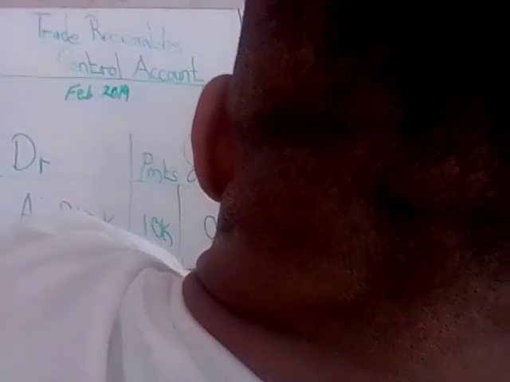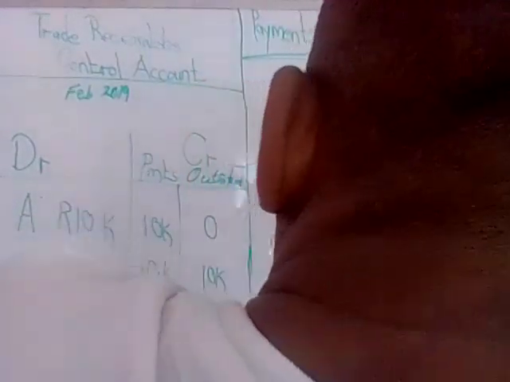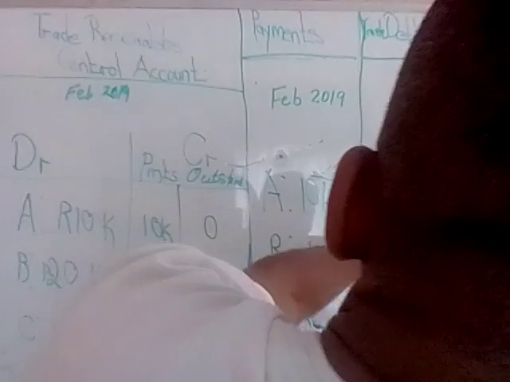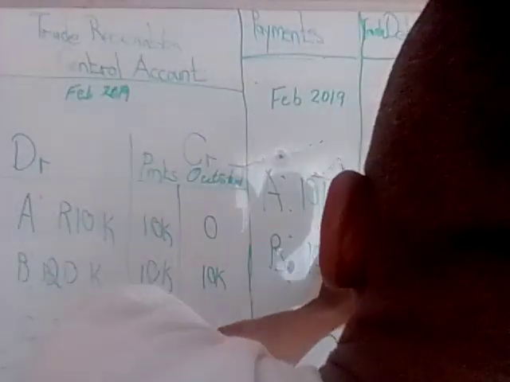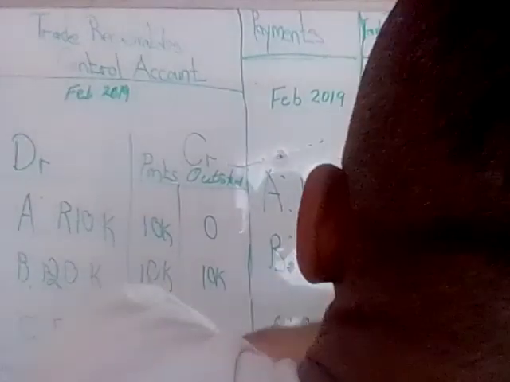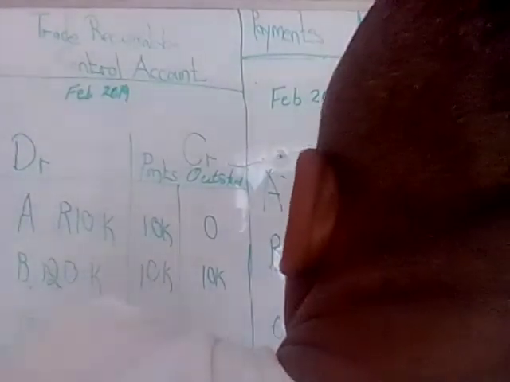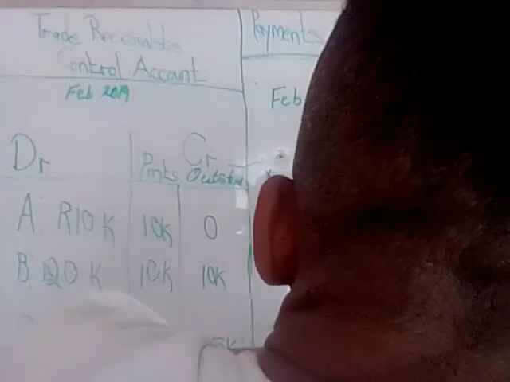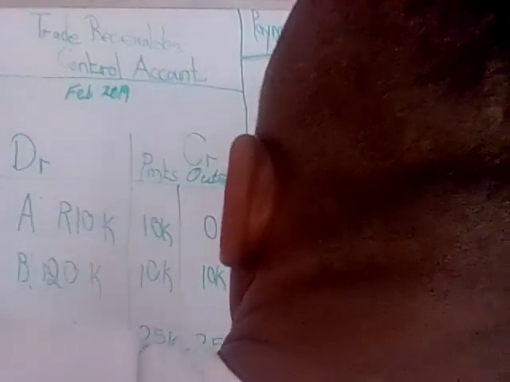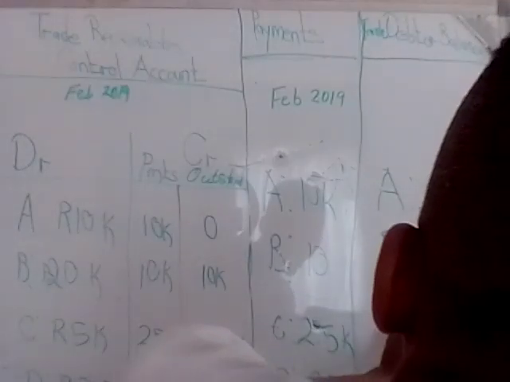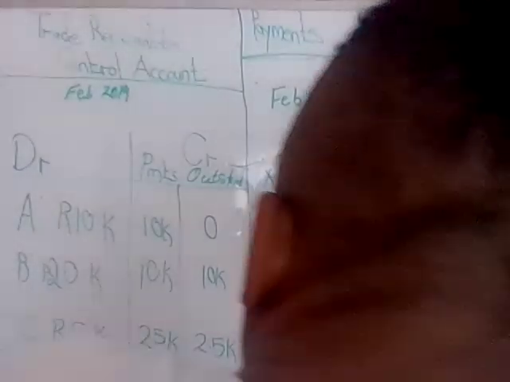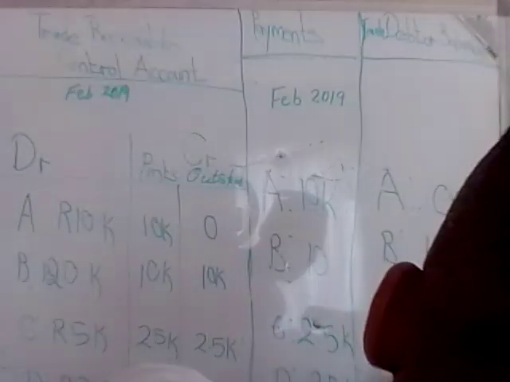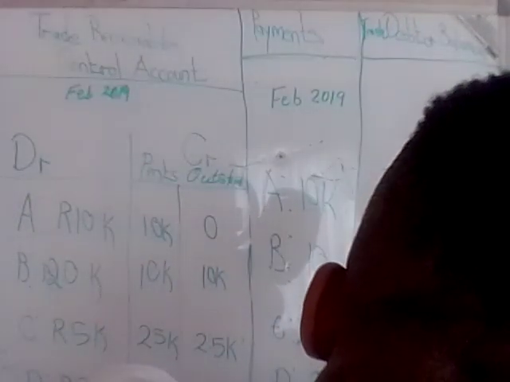So let's consult debtor A. We know that he owes us 0 because he paid up in full. And debtor B, we know that he owes 10,000 rands because he used to owe 20 and paid 10. And C, we know that he owes 2.5. And for D, we know that he owes 0 because he paid up his account in full, good customer.